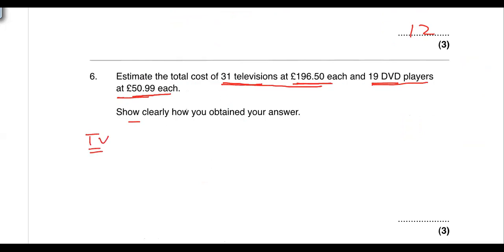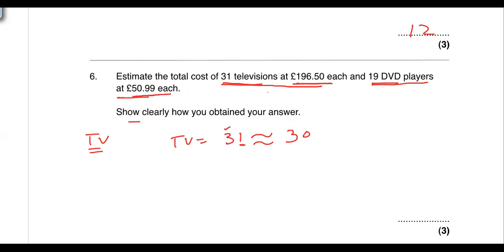Now for TV, how many TVs do I have? 31. So if I round this to one significant figure, because each term I have to round to one significant figure, what will the result be? This is the first significant figure, 3. And then I have to leave this. But as it is a whole number, the remaining part of the whole number I must make 0.